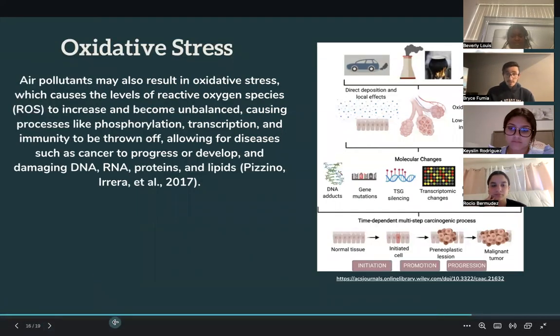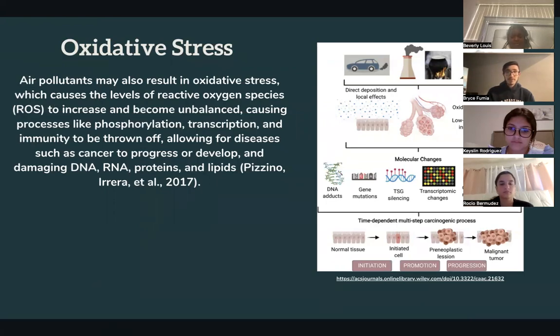In terms of oxidative stress, these air pollutants that we've spoken about may also result in this stress due to their increase in the levels of reactive oxygen species, which are ROS. These levels become increased and unbalanced, which causes processes like phosphorylation, transcription, and immunity to be thrown off.